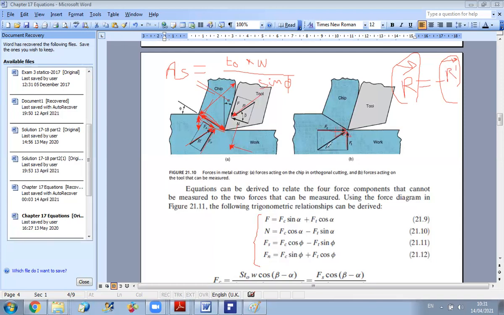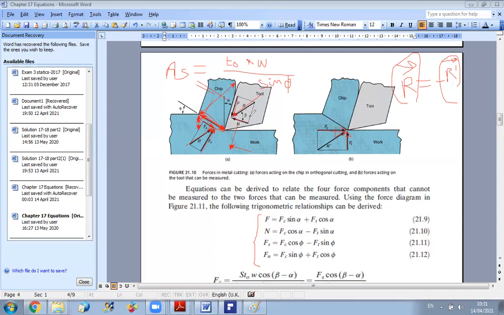To calculate these forces, this is equal to R prime. So we can decompose them. We can say that Fc plus Ft can also be written as Fs plus Fn, and also it is the opposite of R. So from here, if I want, this is the force F and this is the force N. I can decompose them in several ways.